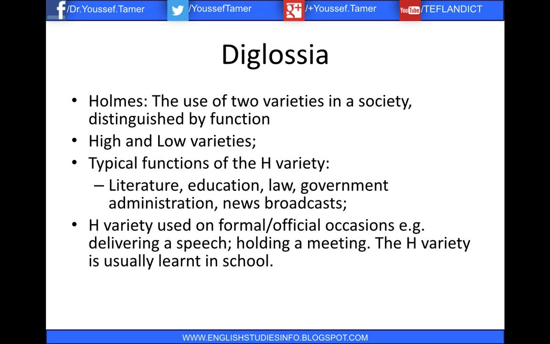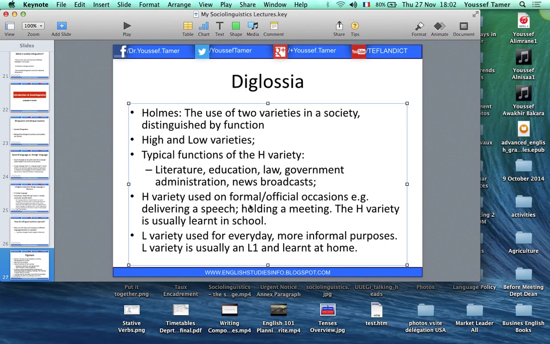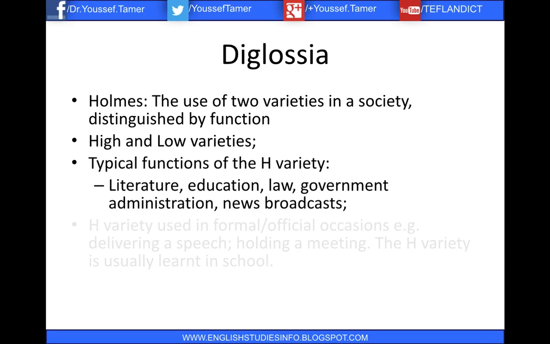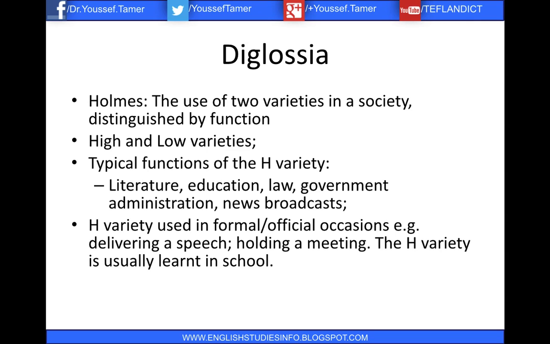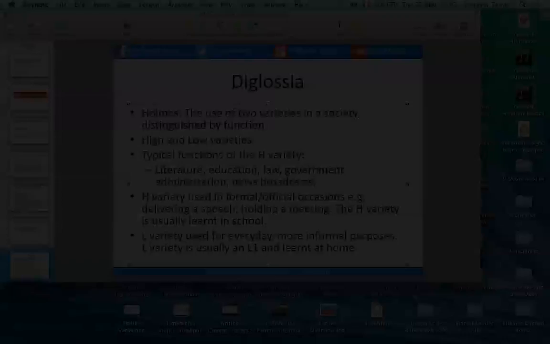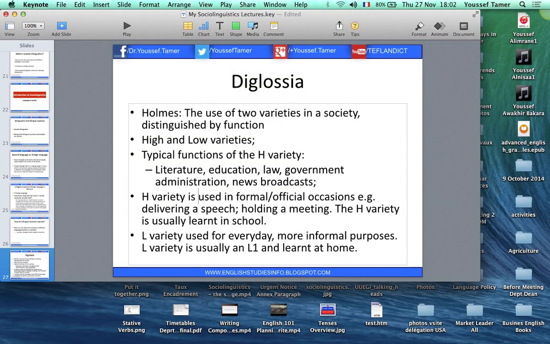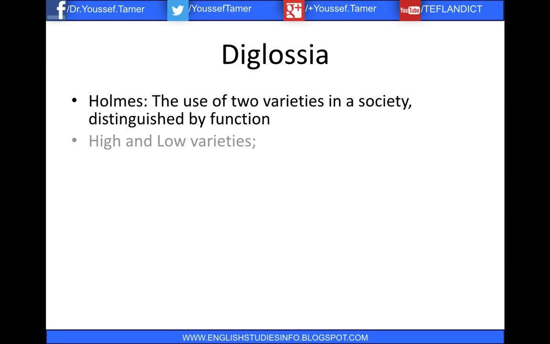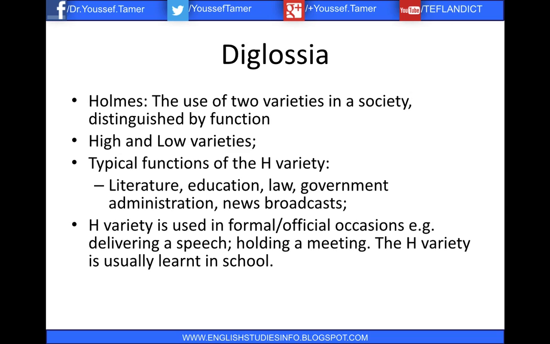The H variety is used in formal, official occasions, for example delivering a speech, holding a meeting.